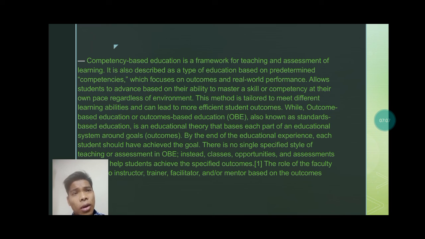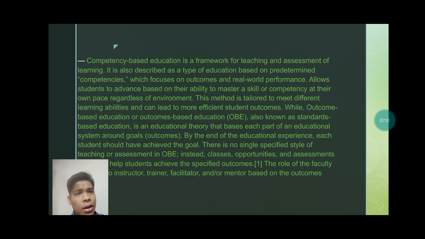It is described as a type of education based on predetermined competencies, which focuses on outcomes and real-world performance, and allows students to advance based on their ability to master skills or competencies at their own pace regardless of environment.